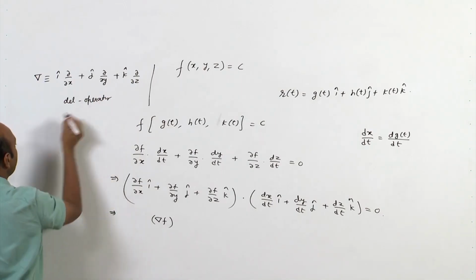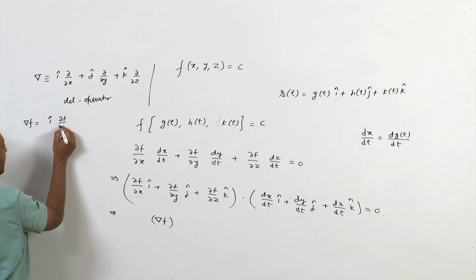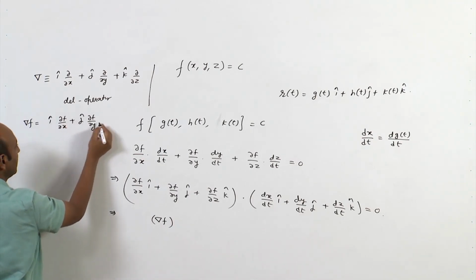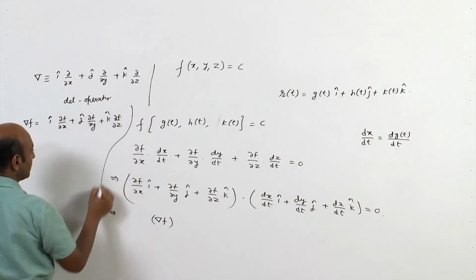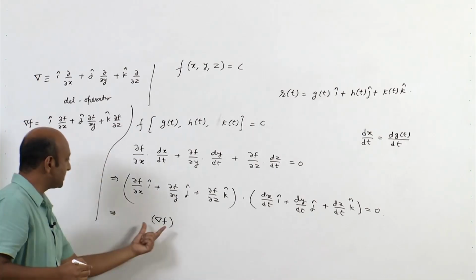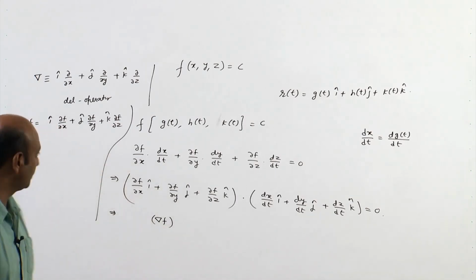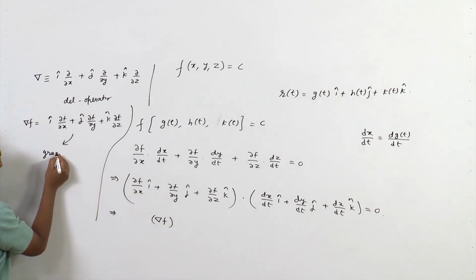And del of f will be i cap del f by del x plus j cap del f by del y plus k cap del f by del z. So this is simply this thing and we call it the gradient of f.